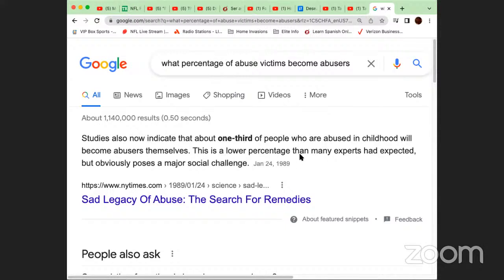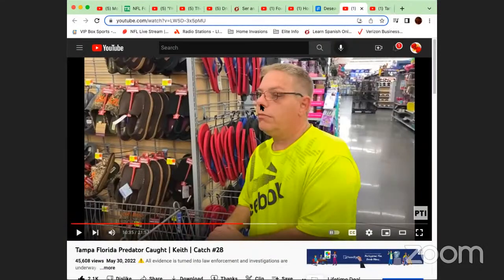This is a lower percentage than many experts had expected, but obviously poses a major social challenge. So they thought it was even higher than that. Okay, so this guy was probably hurt as a child. Now he's hurting other kids. And this is usually seen when it's same-sex molestation. When it's opposite-sex molestation, that person is just sick. Most likely they haven't been hurt when they were young. They just got a sick fetish.